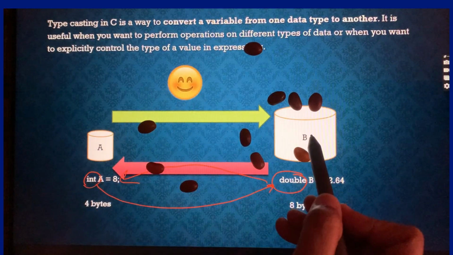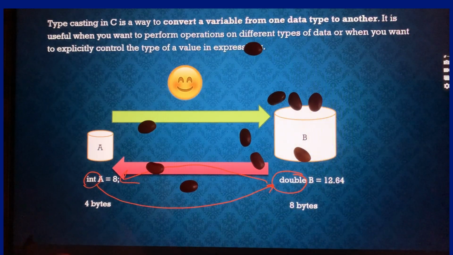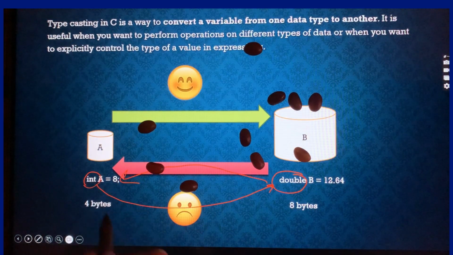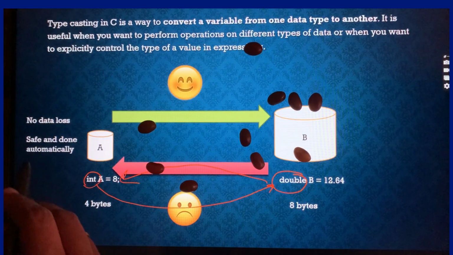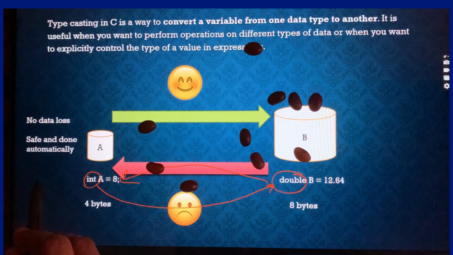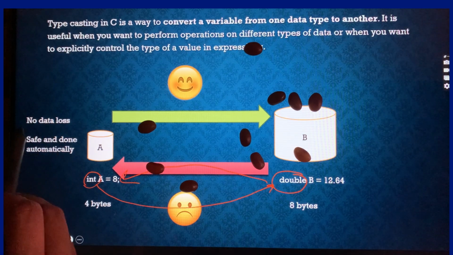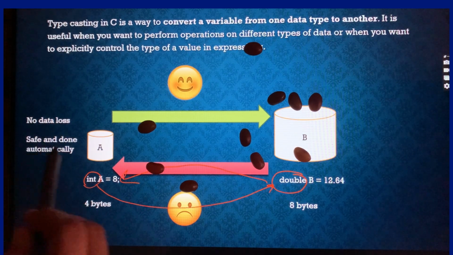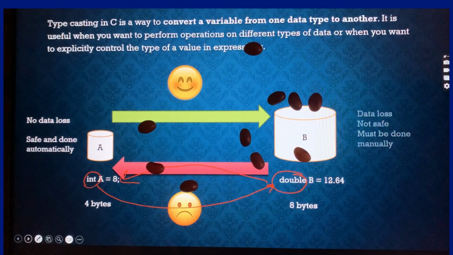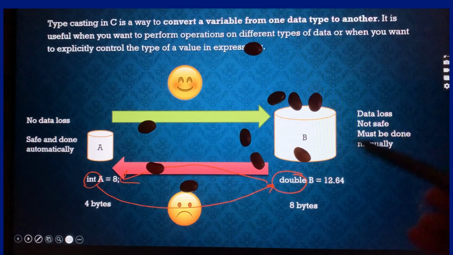Happy because the compiler can transfer the data. Sad because it cannot directly convert the double to integer. So these are the characteristics of implicit typecasting: implicit, no data will get lost, safe, and done automatically by the compiler. Whereas the characteristics of explicit are data will be lost, not safe, and it should be done manually.